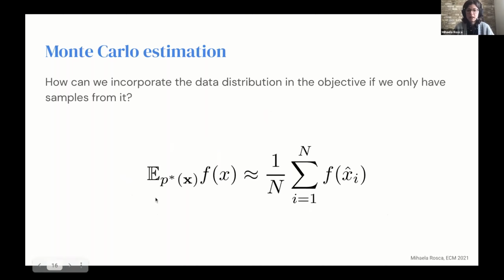If we have an expectation under the true data distribution of a function, we will just use the empirical mean to get an unbiased estimate of that quantity. So we are restricted from the set of all possible distances and divergences to those that can be evaluated using Monte Carlo estimation.